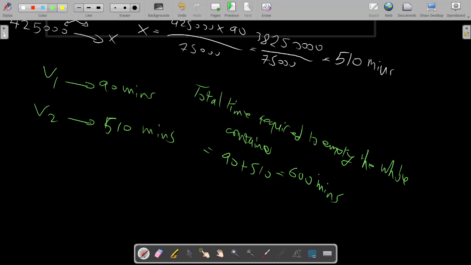And when you convert 600 minutes into hours, you just divide by 60. So it's going to be equal to 10 hours. This is the answer. It requires 10 hours to empty the whole container.